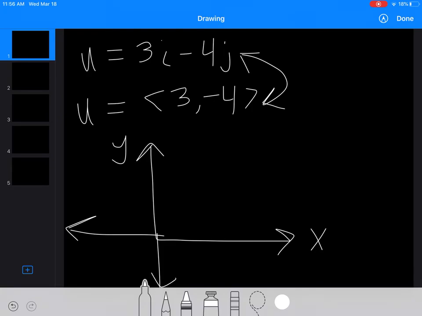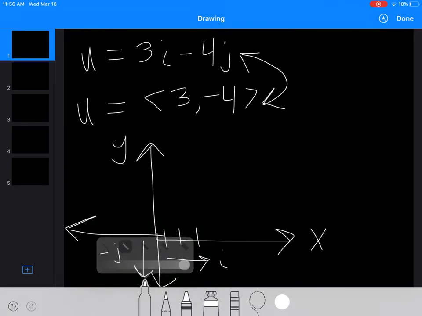I would go over 3, and this is the i direction, and I need to go down in the negative j direction to graph this. So let's use a different color.